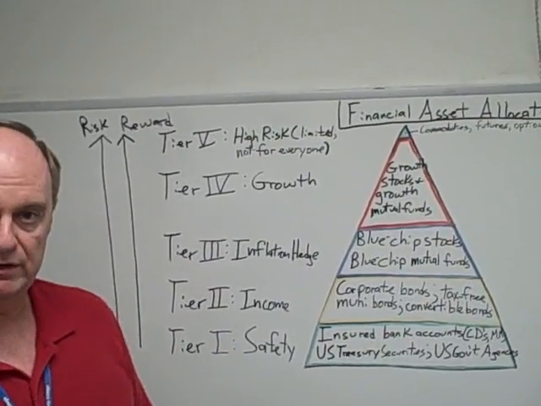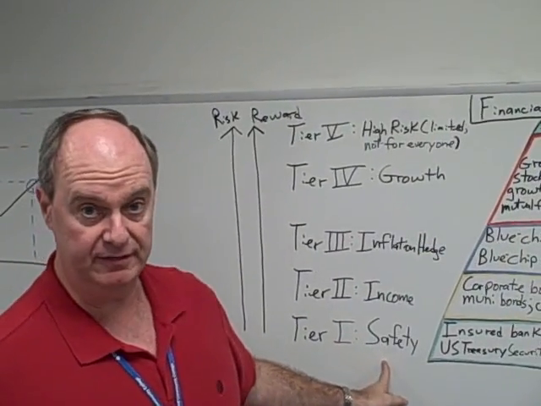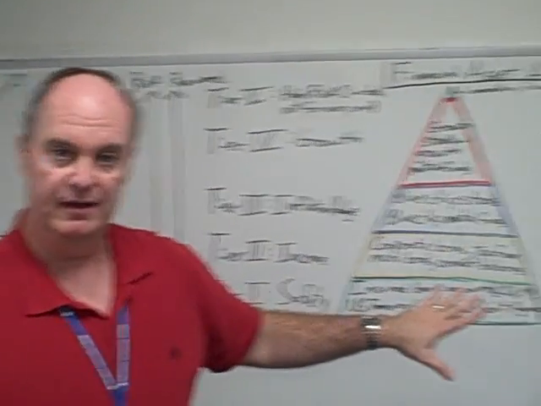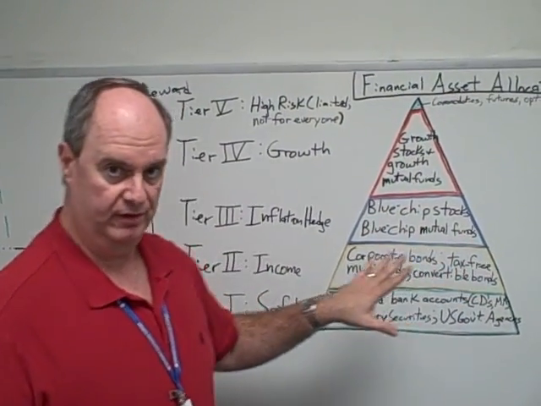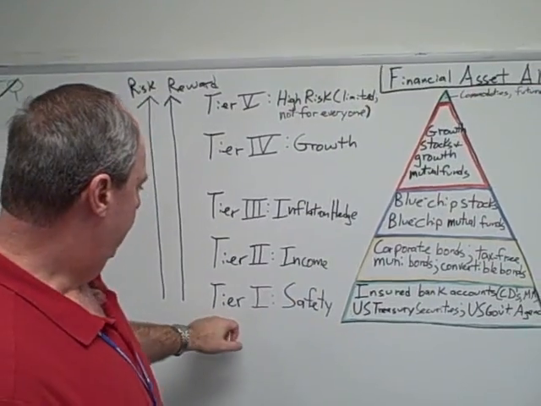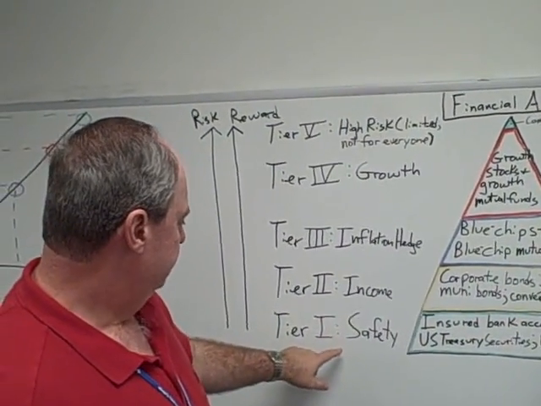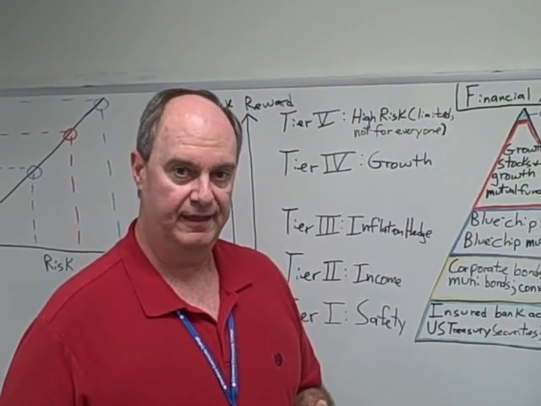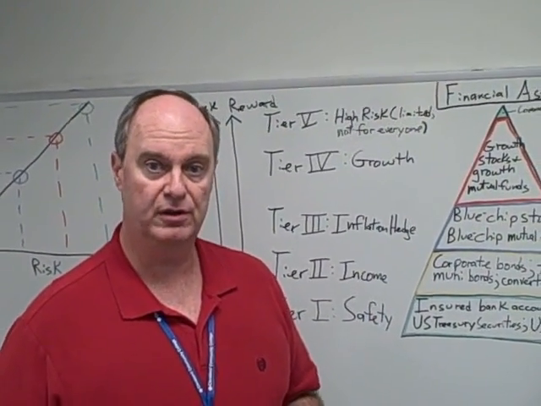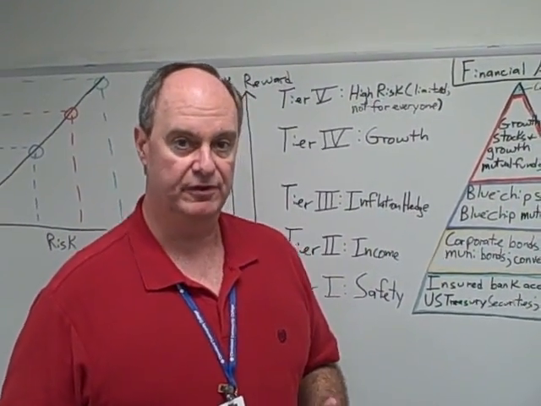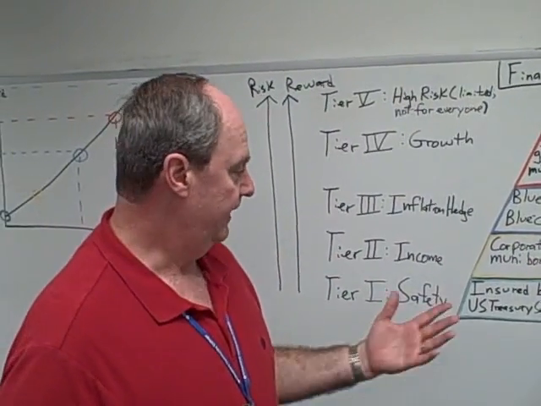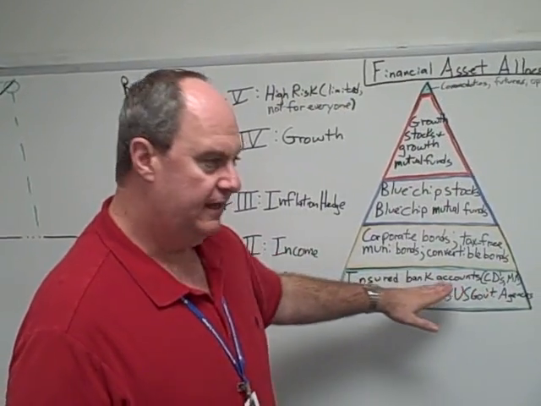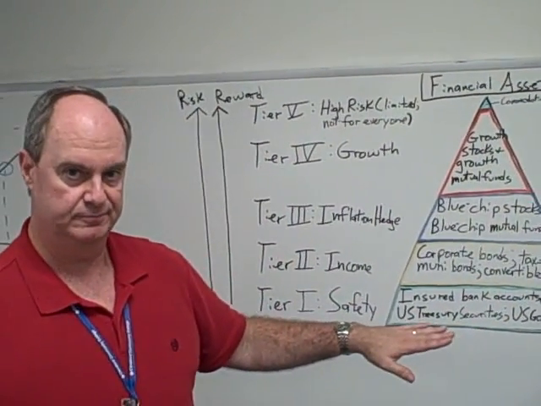Tier 1, what are we looking at? Tier 1, and there is a screenshot of this pyramid that will also be on Blackboard as a still photo that you can refer to as well. Tier 1 is safety. These are assets that even after September 11th and even after the 2008 financial collapse on Wall Street, did nothing.